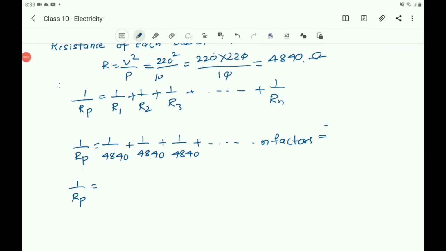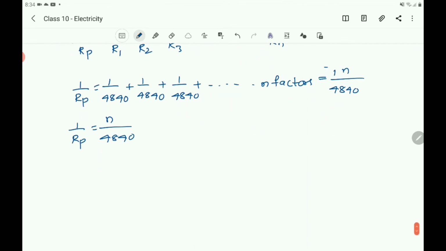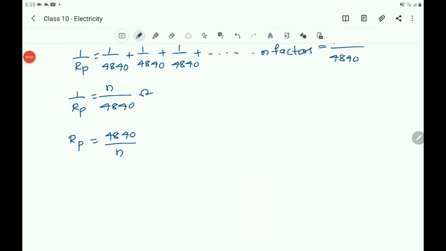So you will get n times 1 by 4840, that is 1 into n by 4840, that equals 1 by Rp equals n by 4840. So you will get Rp equals 4840 divided by n. That is Rp equals 4840 by n ohms.